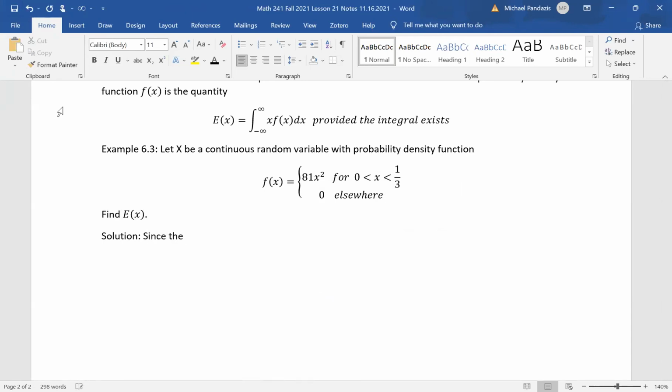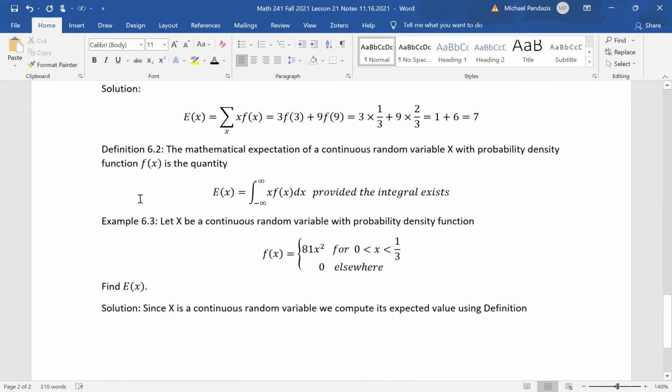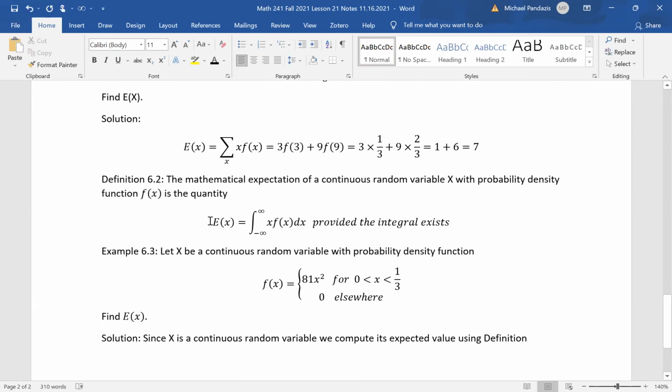Since X is a continuous random variable, we compute its expected value using definition 6.2 above.